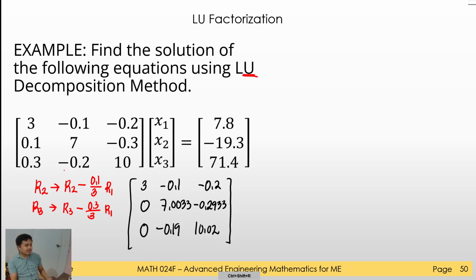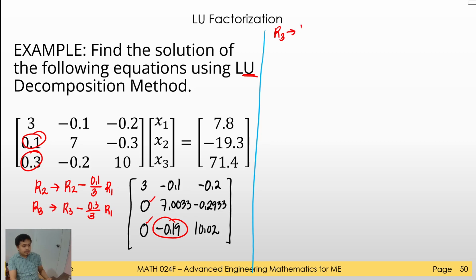Okay, so the last one: we already changed these into zeros, and we will now change this into zero. For the last operation, we have R3 minus negative 0.19 over 7.0033 times R2. So this will become positive now.